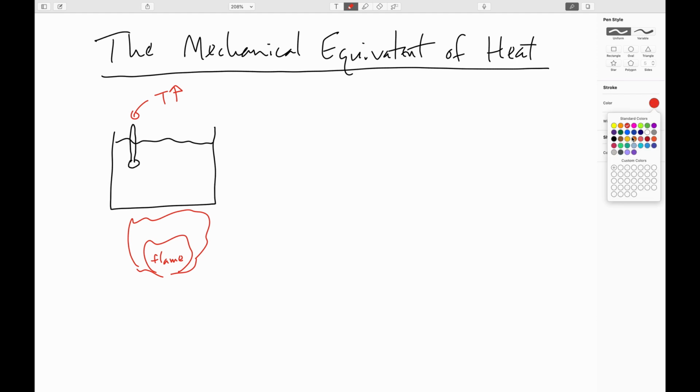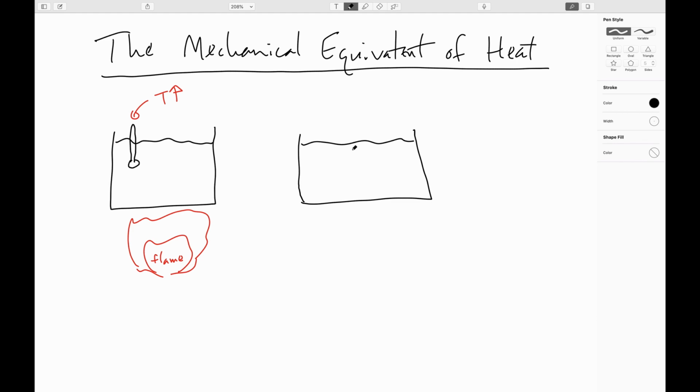So Joule did another experiment, though, where he took the same beaker of water with the same thermometer, but now instead of putting a Bunsen burner underneath, he stuck sort of a paddle wheel-like contraption into the water, like so.